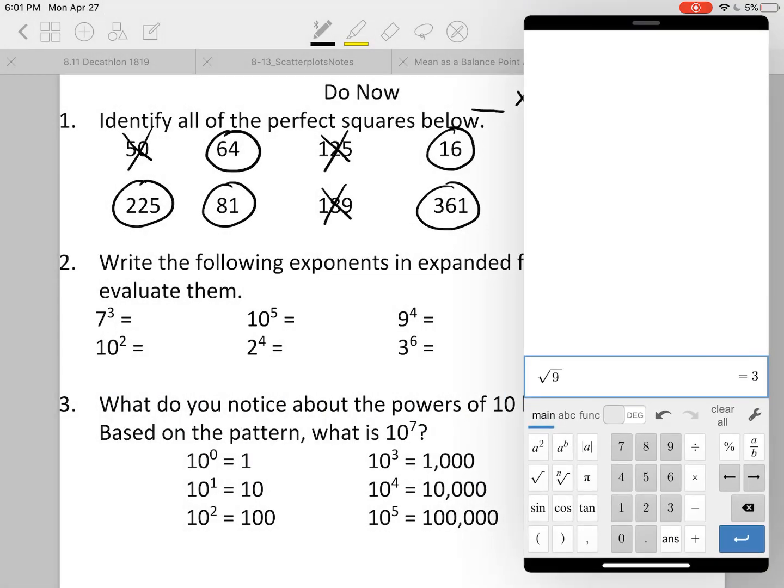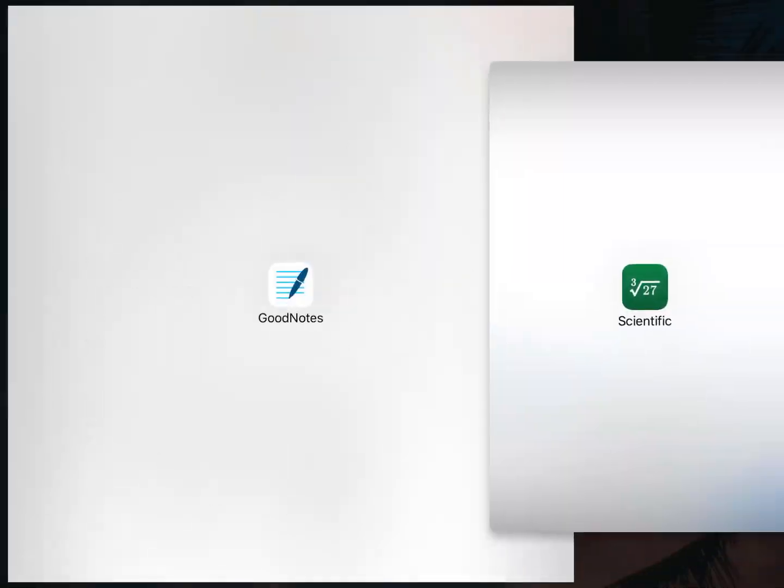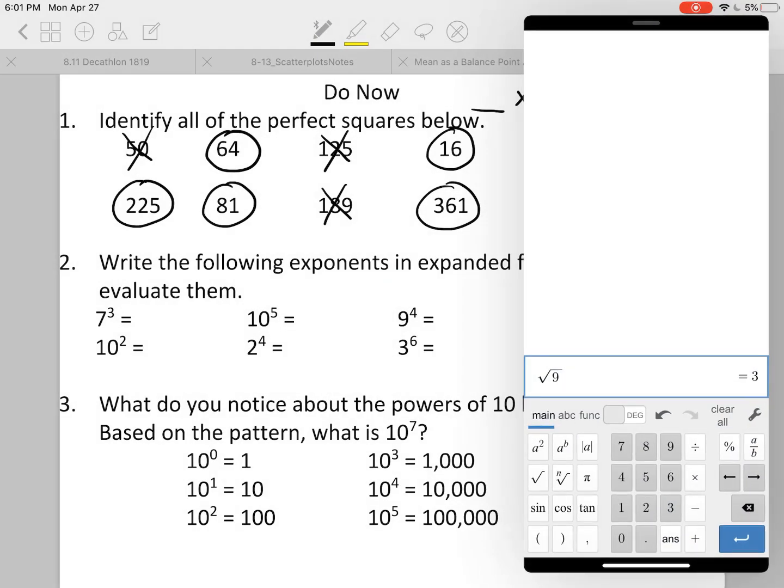Number 2, write the following exponents in expanded form and evaluate them. Remember that in exponents, we have the base, which is the factor being multiplied, and the exponent, which tells us how many times to multiply it. So 7 to the power of 3 says to multiply the base of 7 by itself 3 times.